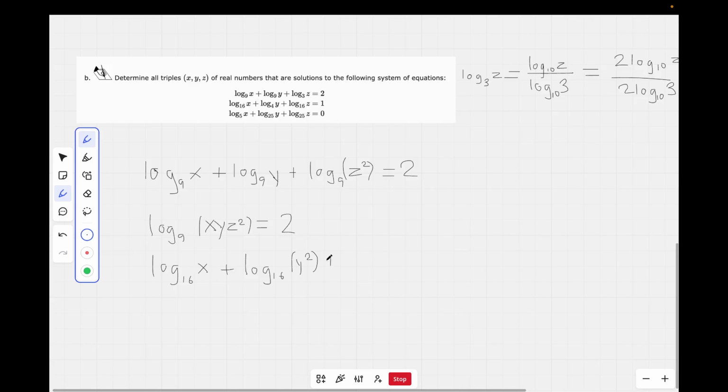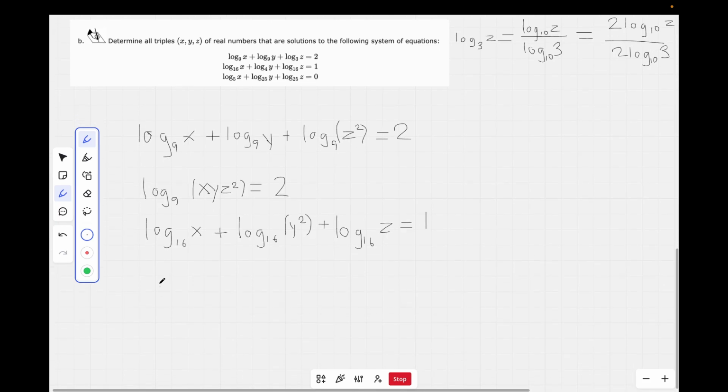And then plus the last term, which is unchanged, equals 1. And using logarithmic properties, this is equal to log 16 of x y squared z is equal to 1.